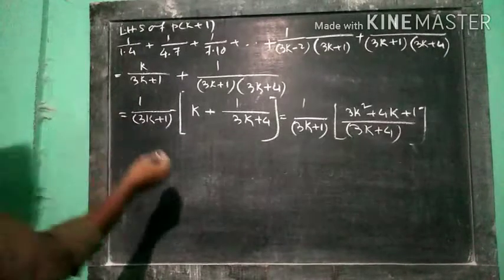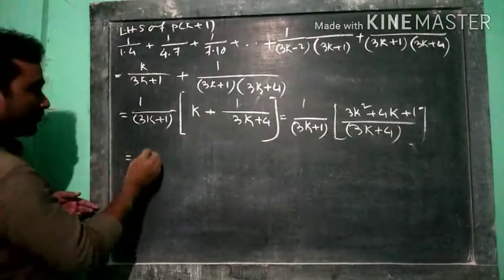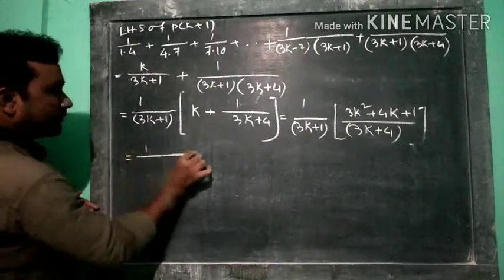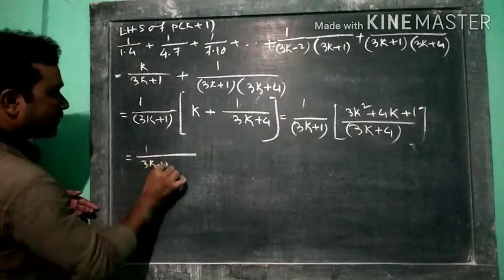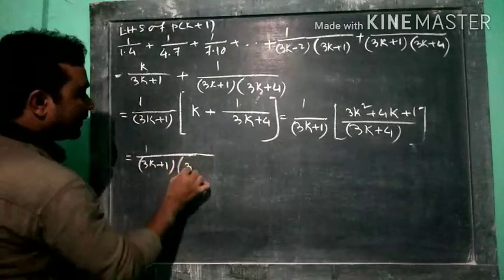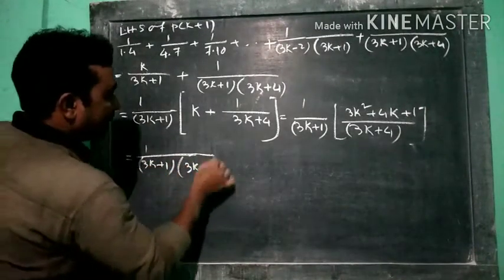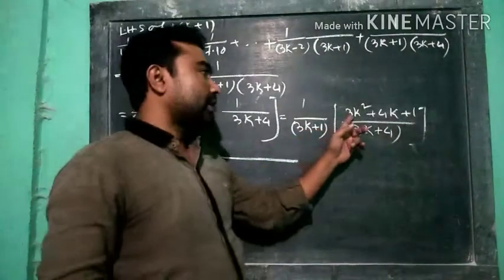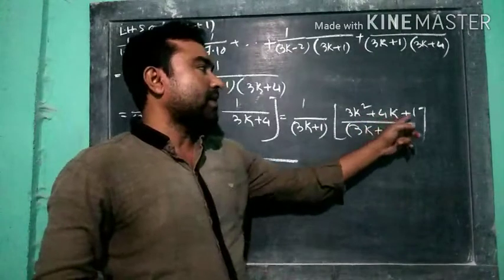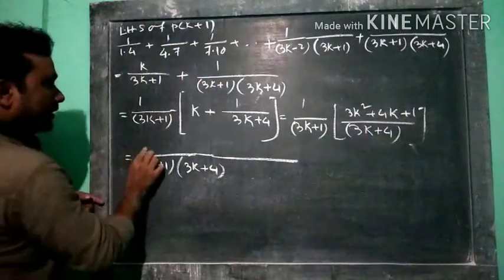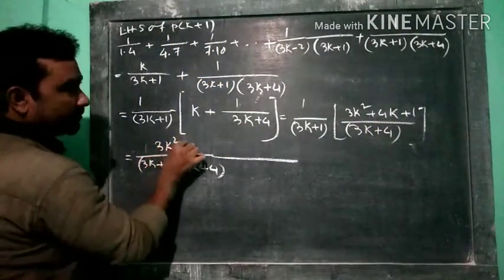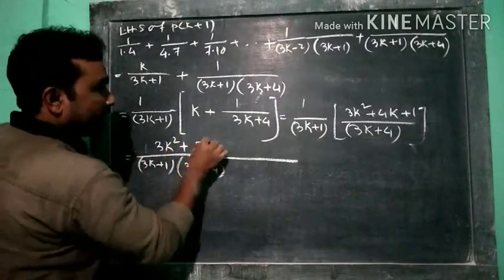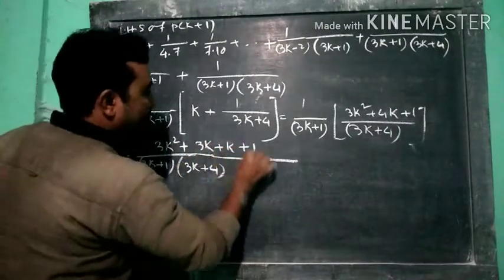So this is equal to 1 by 3k plus 1 whole into 3k plus 4. If I break the middle term into factors, then it becomes 3k square plus 4k plus 3, which can be written as 3k square plus 3k plus k plus 1.